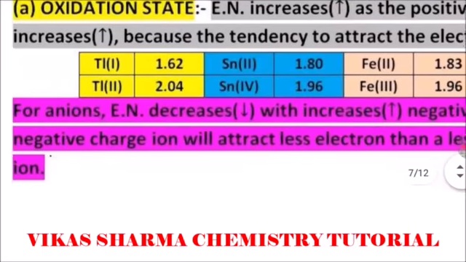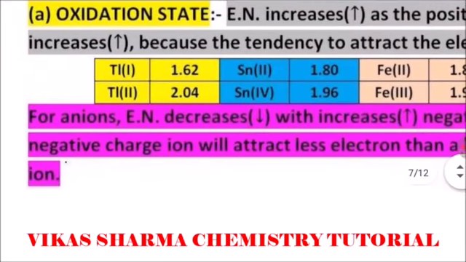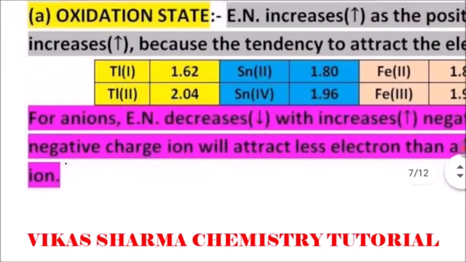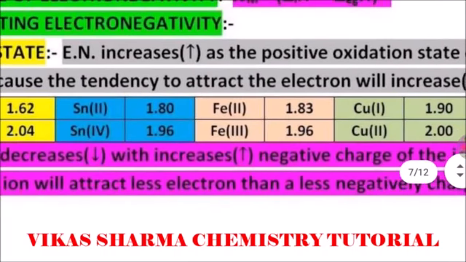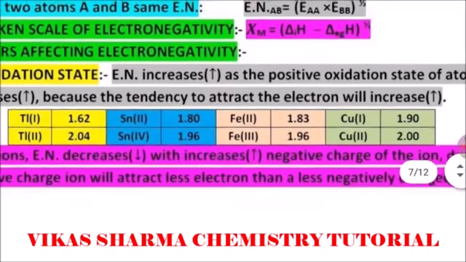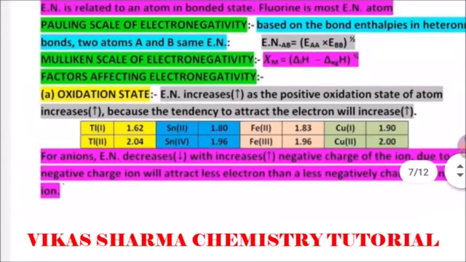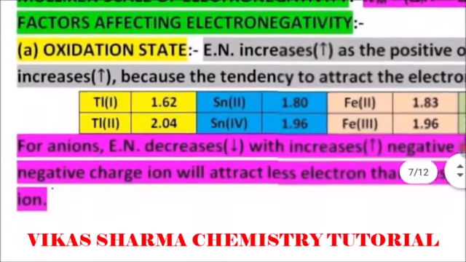For example, in the case of iron, Fe in the second positive oxidation state, the electronegativity is 1.83, but when the oxidation number is increased to Fe third, the electronegativity increases. It means electronegativity is directly proportional to the positive oxidation state.